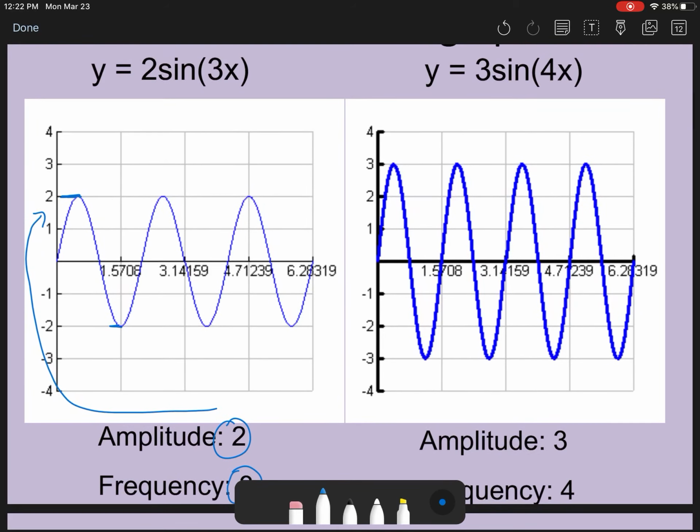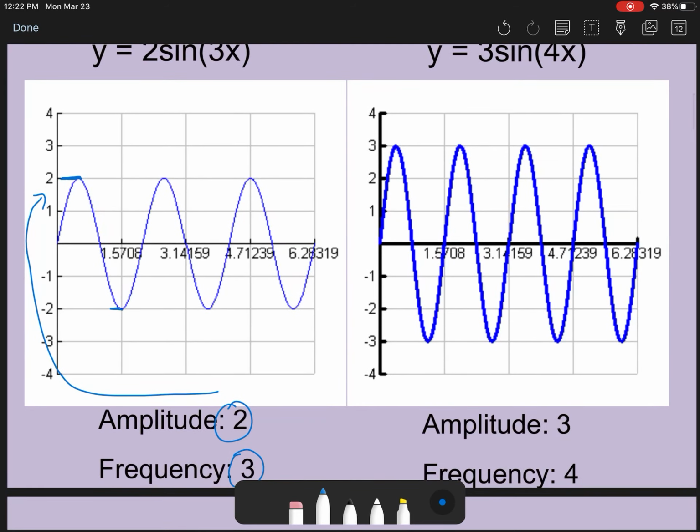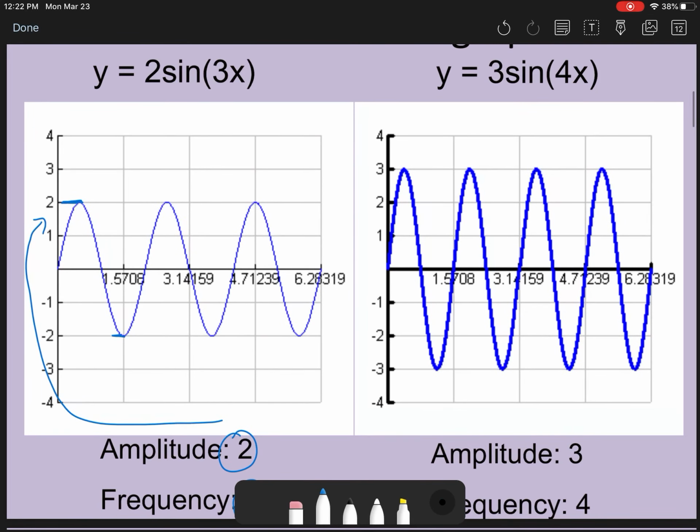The frequency, okay, just think about the definition of the word frequency, how often or frequent something occurs. The frequency is 3, okay, and that's because you have 3 sine curves from 0 to 2 pi. We have 1, 2, 3, okay?